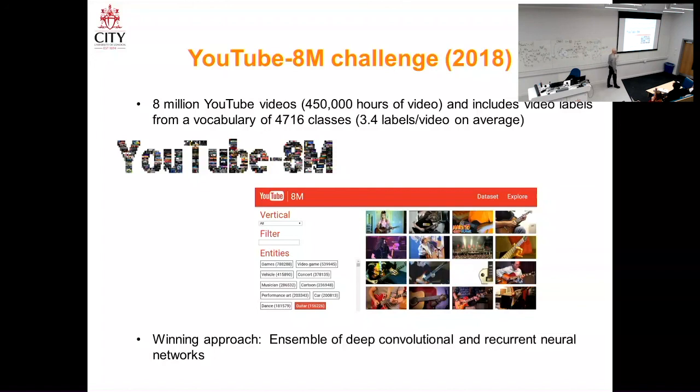This just happened, and the winner was, not surprisingly, using deep learning. They had a convolutional and a recurrent neural network to deal with this kind of data. But yeah, interesting things you could do. You can imagine how useful this would be. There's so much unstructured content on YouTube or other video channels on the internet. How do you organize that data in a convenient way? So this gives you one way to do it.